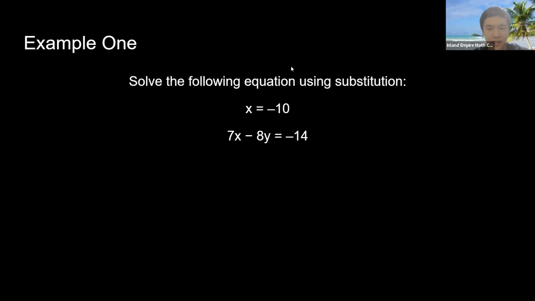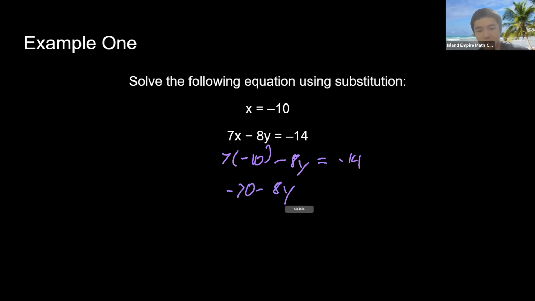So you just substitute that value into the second equation, and you would get 7 times -10 minus 8y equals -14. After that, you would end up with -70 minus 8y equals -14.